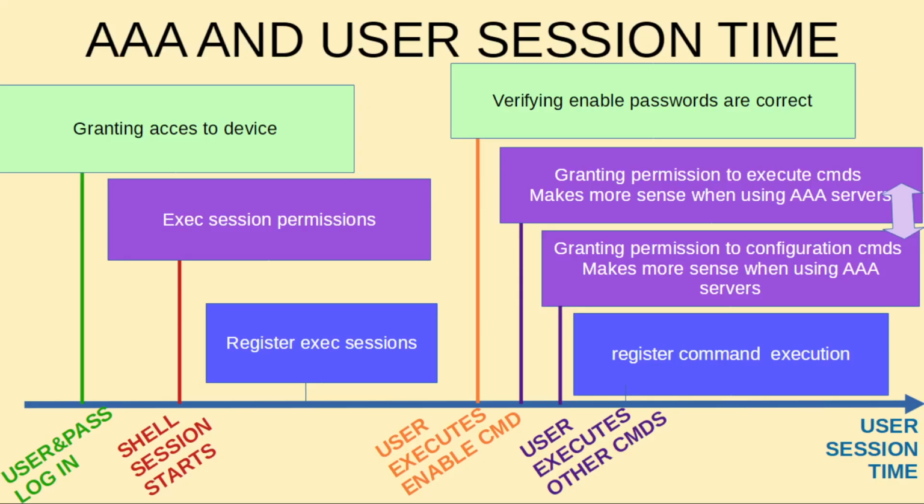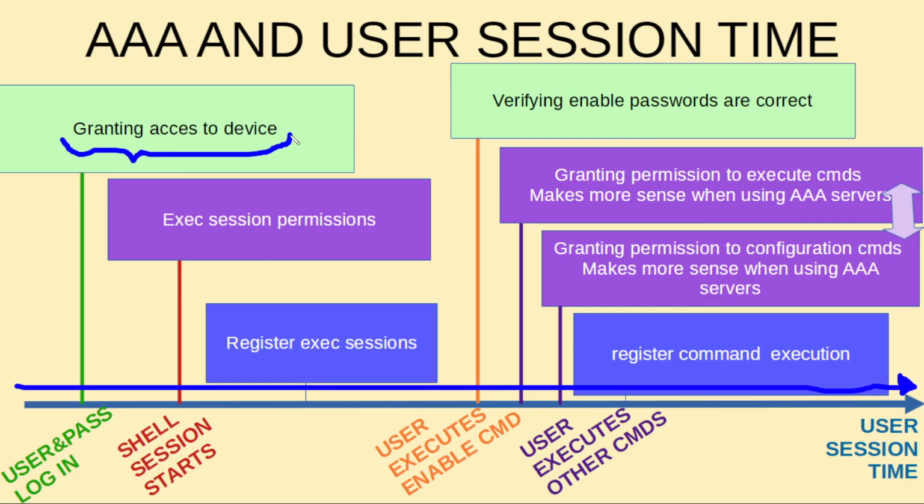Let's make a summary of what we have talked about so far regarding AAA. We are going to illustrate this with this imaginary timeline that represents the user experience when trying to use an exec session. First of all, we are going to decide whether to grant this user access to the device. Then we are going to decide what is the set of permissions that the user has in order to enter commands into this device.